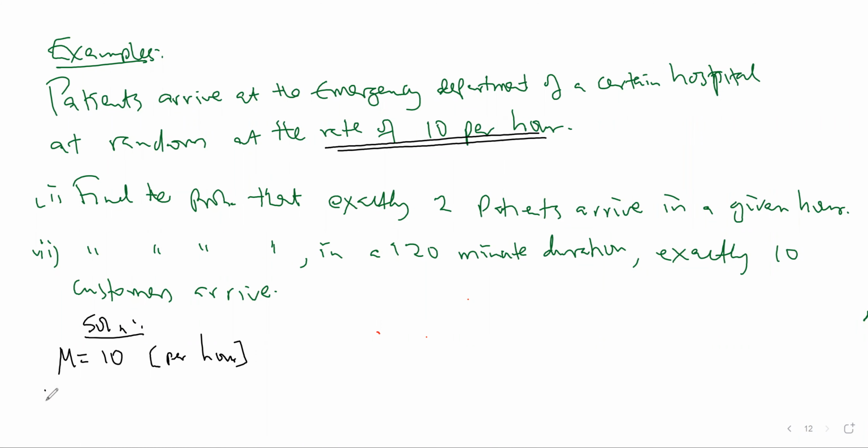So Roman 1 says probability that we have exactly 2. So this is the same as e raised to power minus mu times 10 raised to power x, which is 2, divided by 2 factorial.